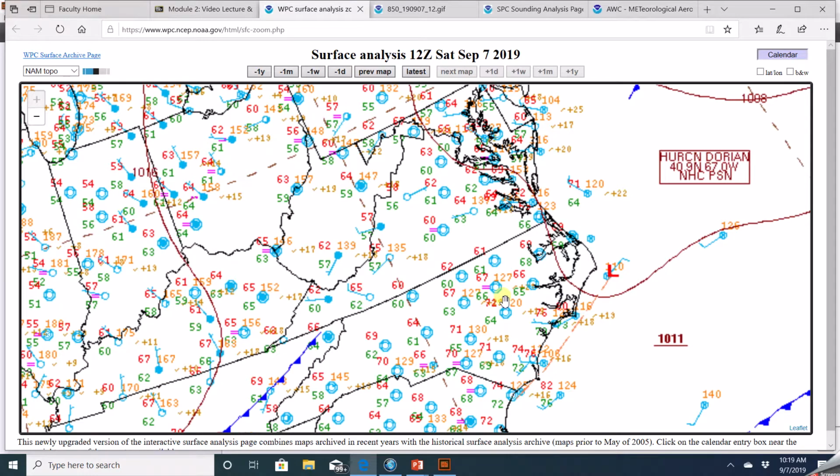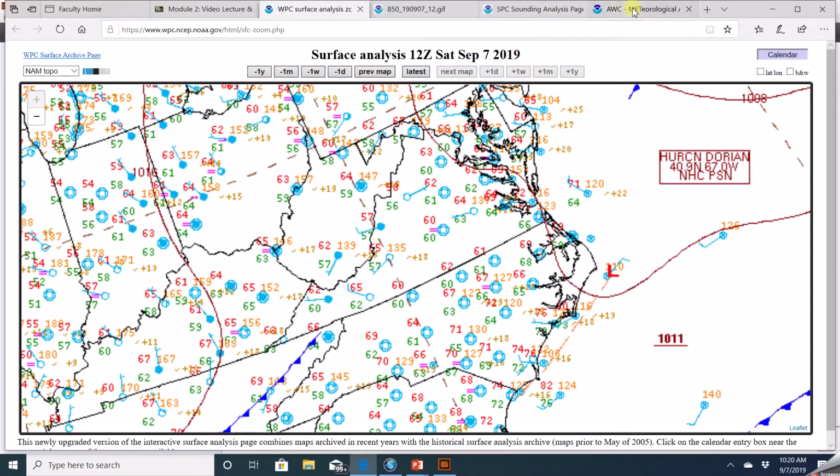On the right of a surface map is your altimeter reading. It's 1013.9 here on a surface map. This is sea level pressure, actually, I'm sorry. 1012.7.